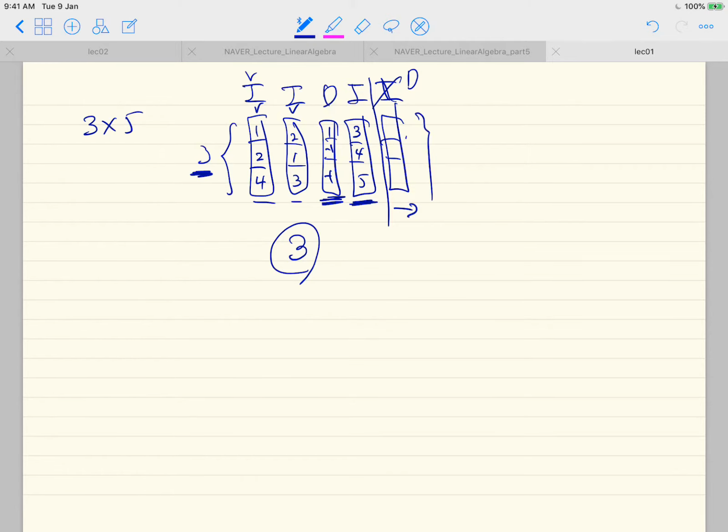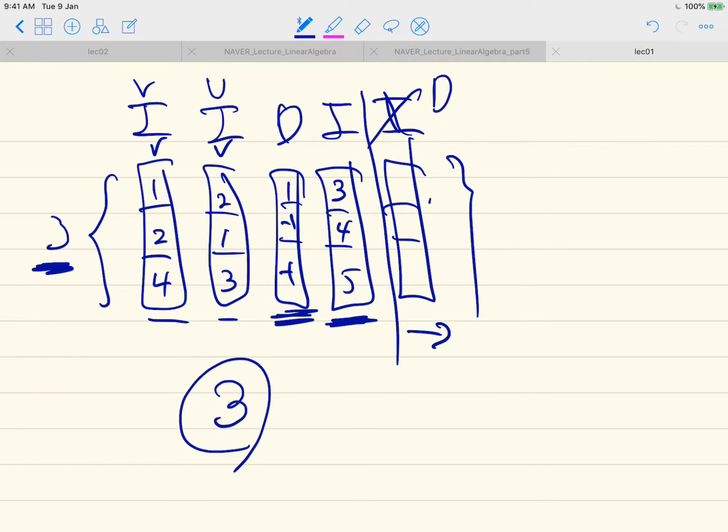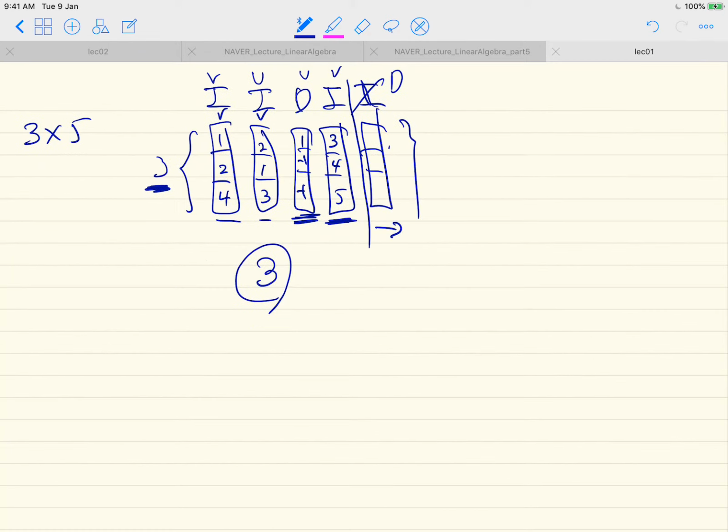Suppose we have this kind of pattern of independent, independent, and dependent, independent, and dependent for this 3x5 matrix. And then we can think of some elementary row operation or Gaussian elimination applied to this matrix. So we will have this matrix, and then we will do the row operations.